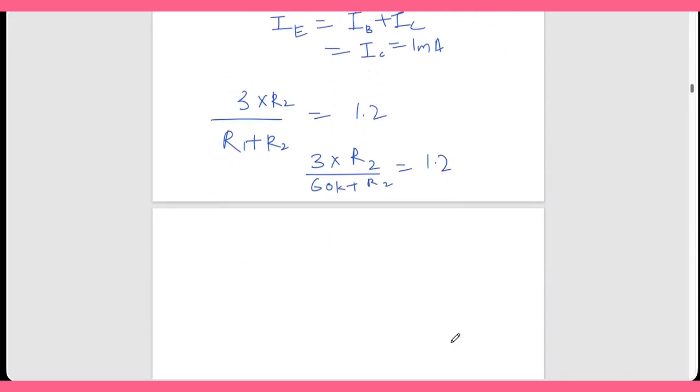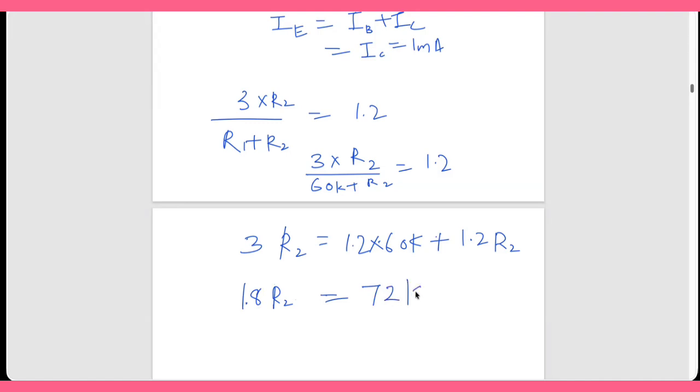So 3R2 is equal to 1.2 into 60K plus 1.2 R2. So 3 minus 1.2 is 1.8 R2, equal to 1.2 into 60, which is 72K.